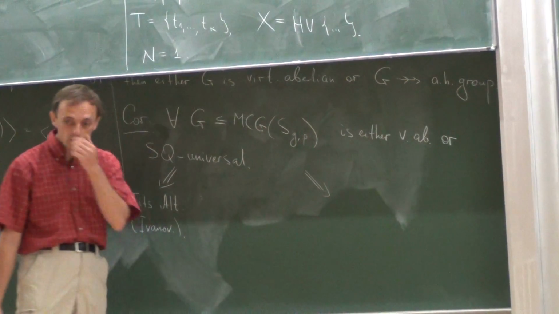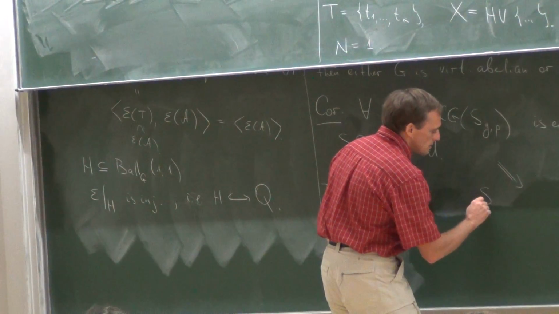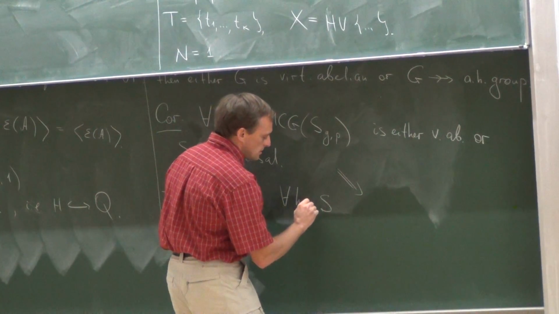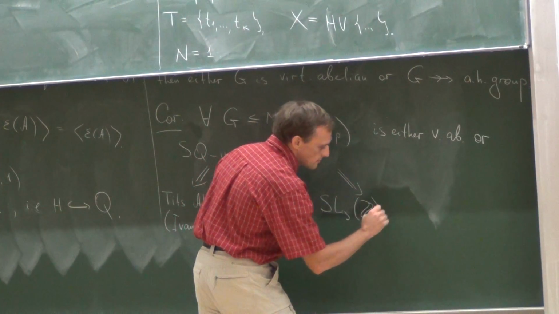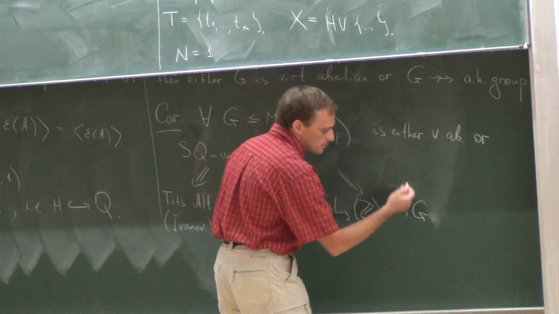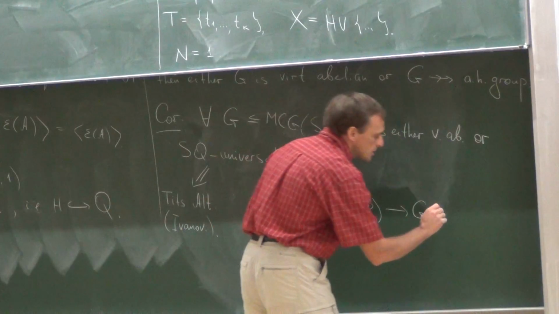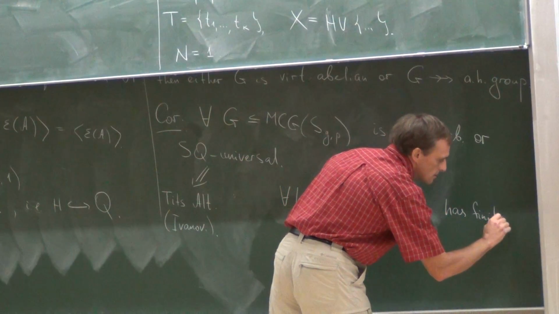And another thing which immediately follows from this is that for every homomorphism from SL3Z to this subgroup G, every homomorphism of this sort has finite image.